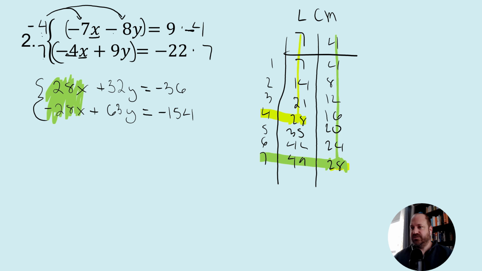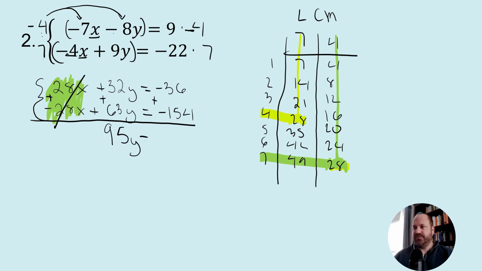So what do we do next? Well, we want to add vertically. So let's add, and add. Negative 28 plus positive 28, well, that cancels out, so that gets rid of our x value. 32y plus 63y gives us 95y equals negative 36 plus negative 154 gives us negative 190.